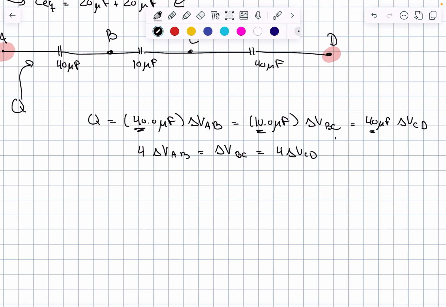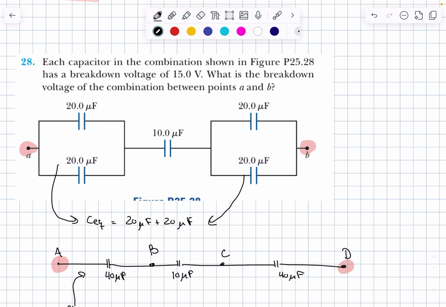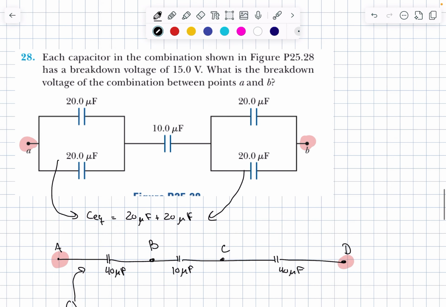Now we know that when delta V is bigger than or equal to 15 volts, delta V BC breaks down. Okay? And the idea here is that we were told at the beginning that each and every one of them has a breakdown voltage of 15 volts.